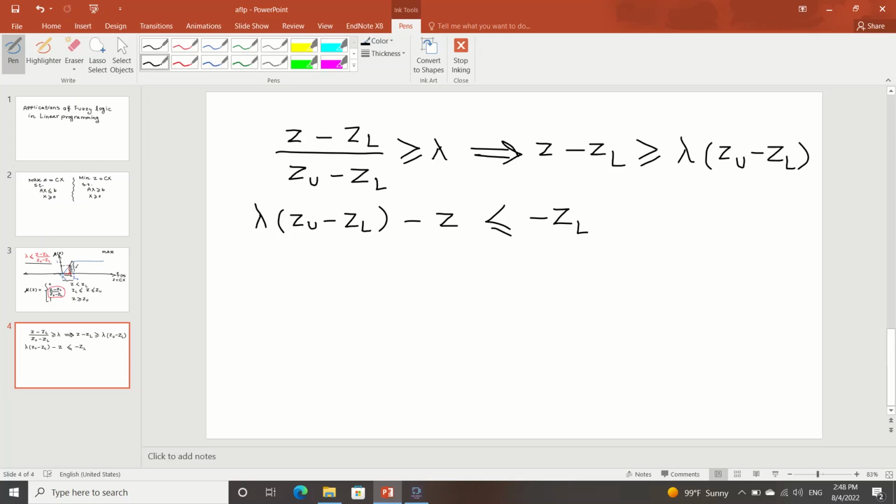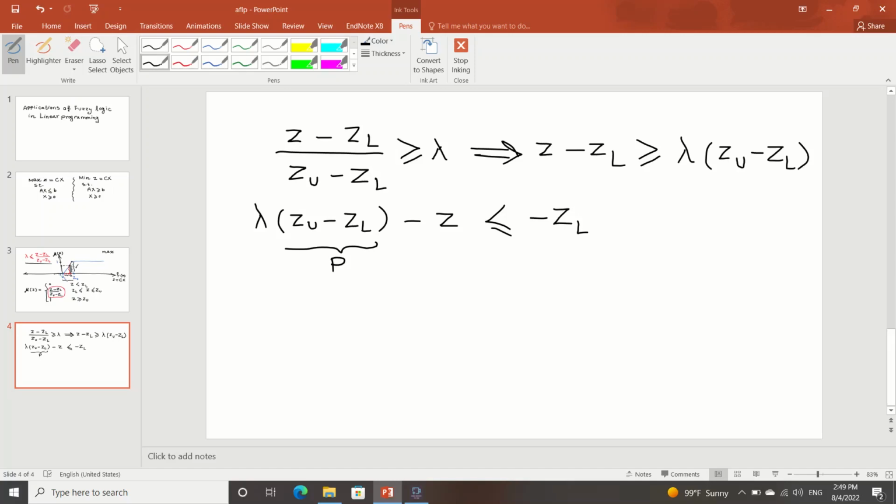And in the general inequality or constraint, we can define another format for this inequality or constraint. In some books or literature on the application of fuzzy in linear programming, the researchers have applied the notation called P instead of ZU minus ZL.